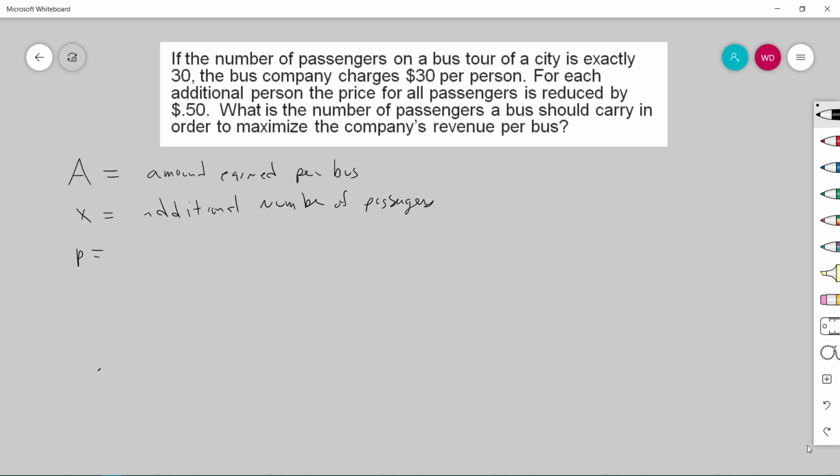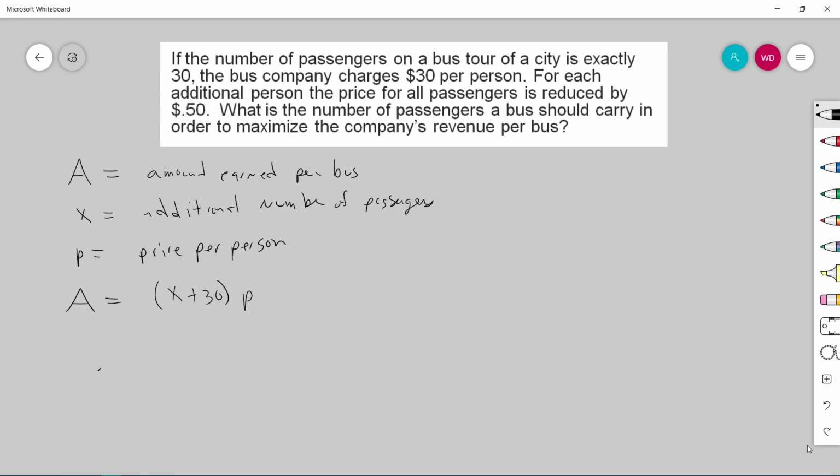And P will then be the price per person. So the amount earned by the bus should be the number of people, which would be X plus 30, times the price per person, which is P.